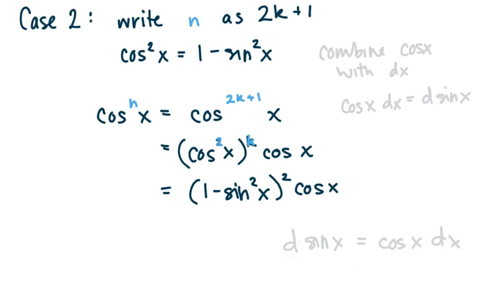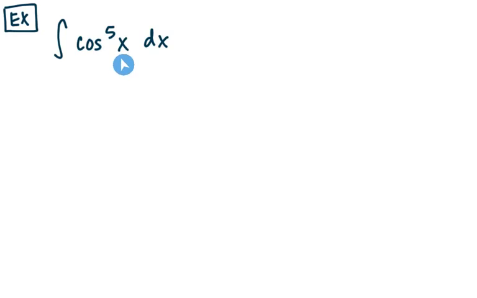So let's do an example where you can see this in action. In this example, we want to integrate cosine of x to the 5th power, which is odd. You'll notice we do not have a sine here. That's okay. The problem will still work out. We can think about that as times sine to the 0th power.